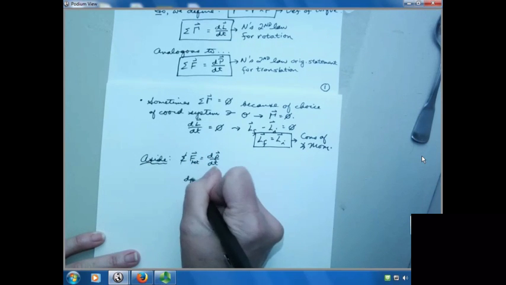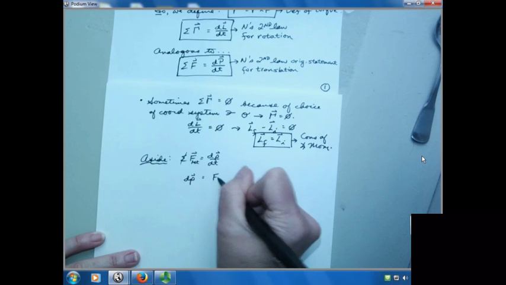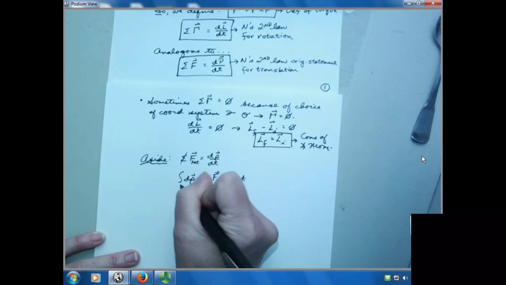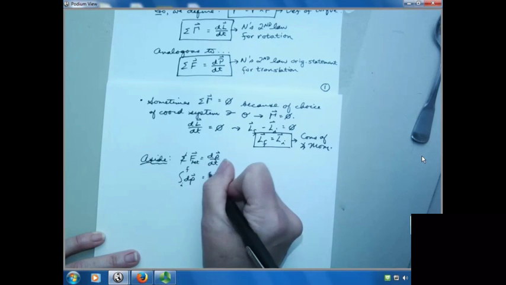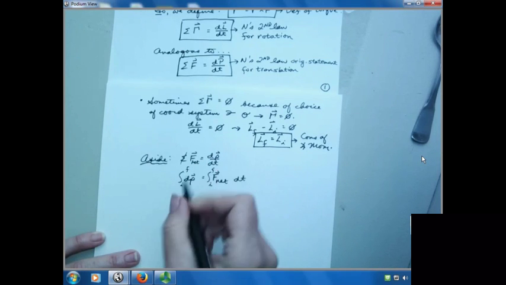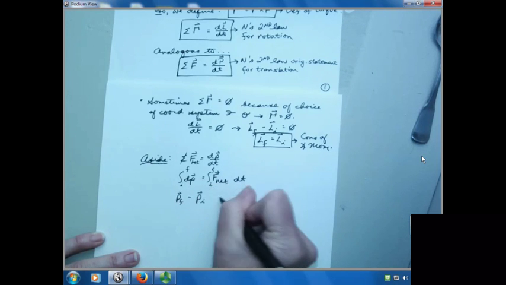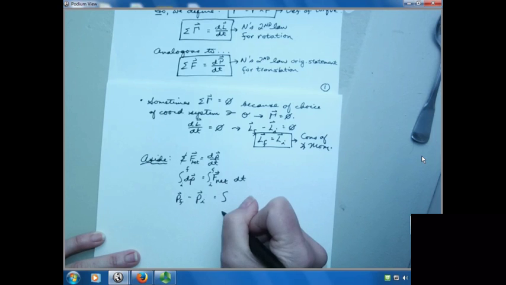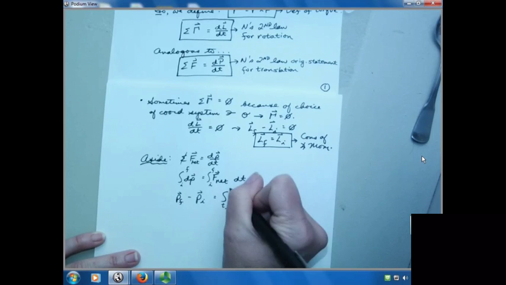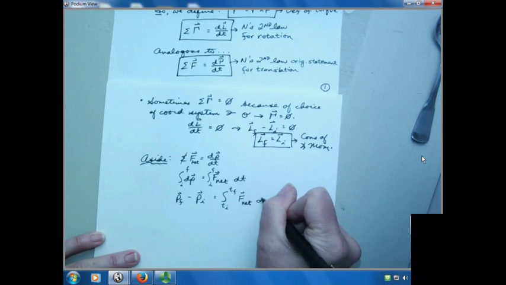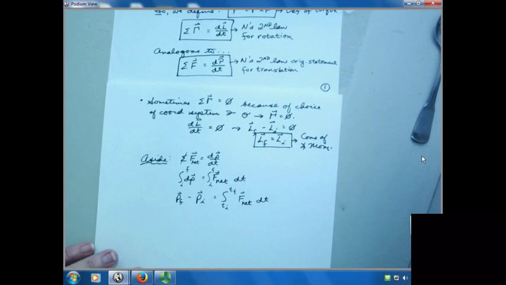So I've got dp is equal to F net dt. I'm going to integrate both from initial to final, and I get p final minus p initial is equal to the integral from t initial to t final of the net force dt.